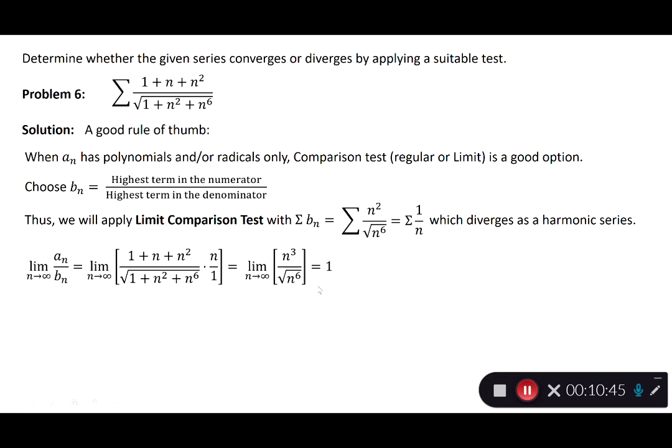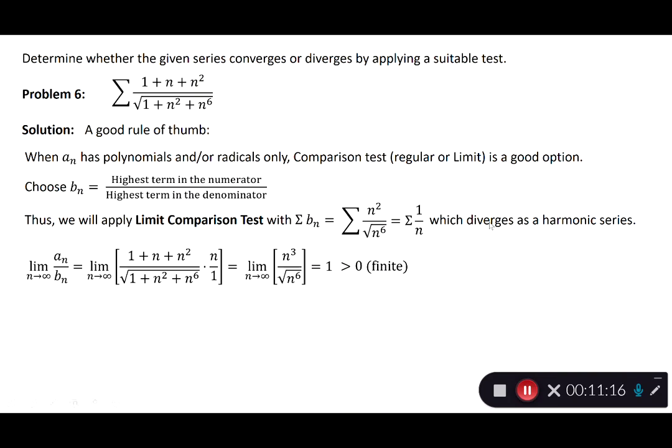Again, look at what the test says. If you have already established that a sub n and b sub n are positive terms, and the limit of a sub n over b sub n happens to be greater than 0 and finite, which is what it is, we have 1 which is greater than 0 and finite, then either both series converge or both diverge.